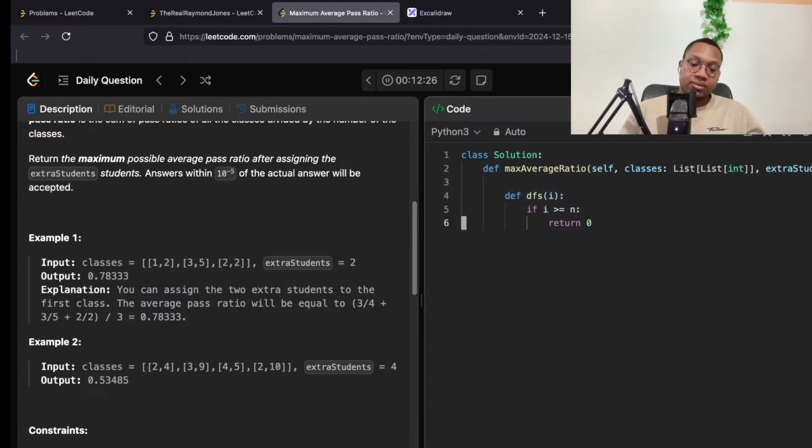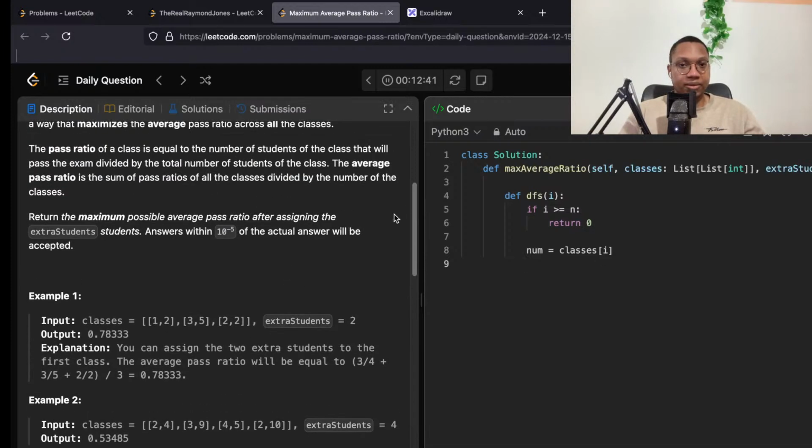Maybe it is. Like num is equal to classes dot i. You always add two students. You've got to decide which class is correct. That's the problem. You guys want to read it?